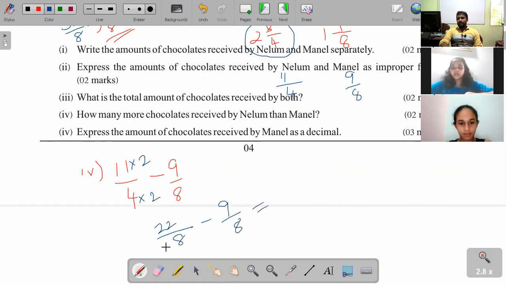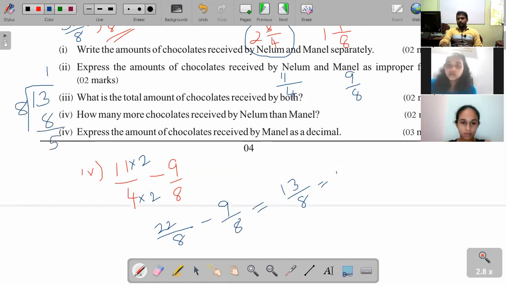So what is the answer? 13 over 8. 13 over 8 means you have to divide 13 by 8. So the answer is 1 5 over 8. Right? 1 5 over 8. That's the fourth answer.